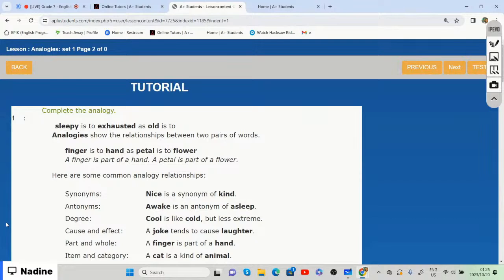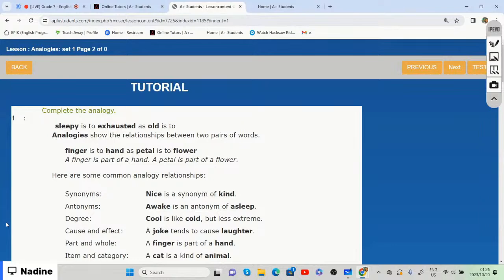And old, if you are old, what does that mean? What is a word similar to old? All right, ancient, good. Because if something is very old, it is basically ancient.